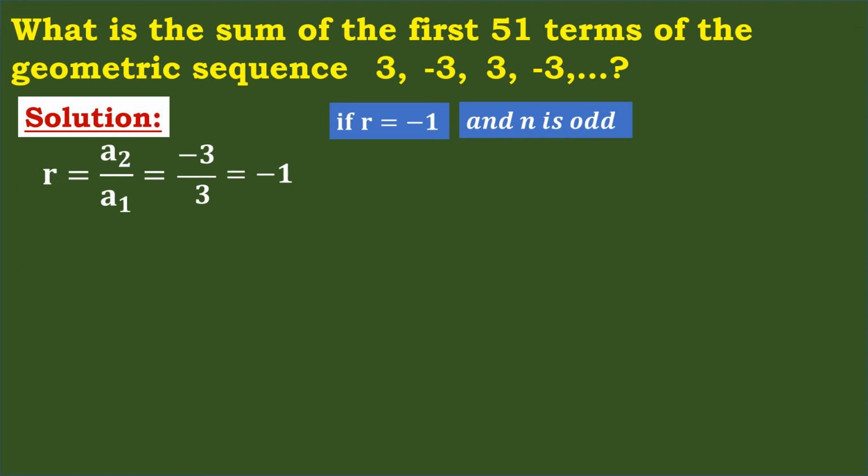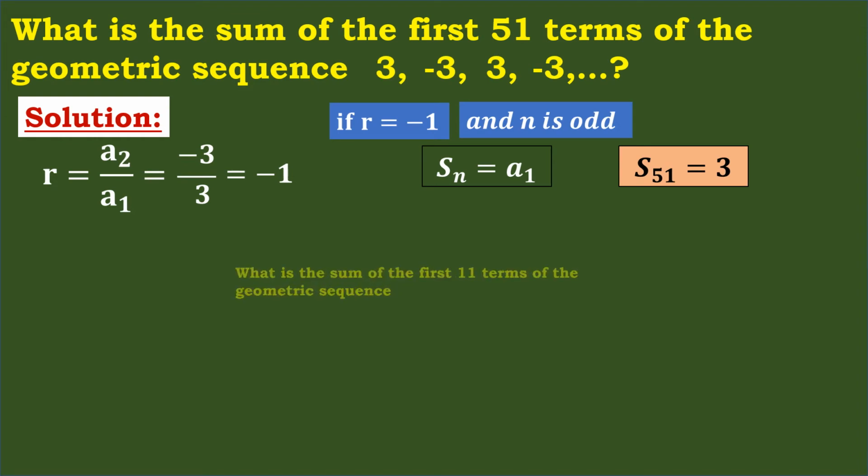Odd number ba yung 51? Yes, kasi wala siyang partner, hindi siya pwedeng i-divide sa 2. So, 51 is an odd number. Ang sabi, ang sum niya ay laging yung kanyang first term. Ano ba yung first term niya? 3. So, the sum of the first 51 terms of the geometric sequence is 3.